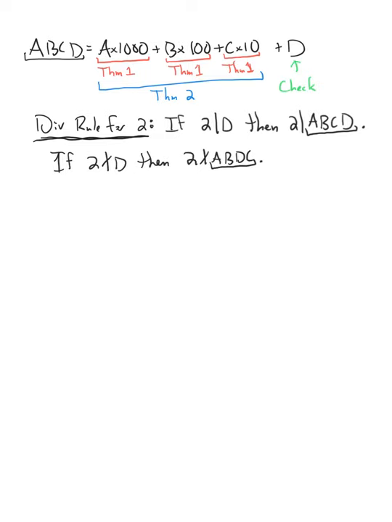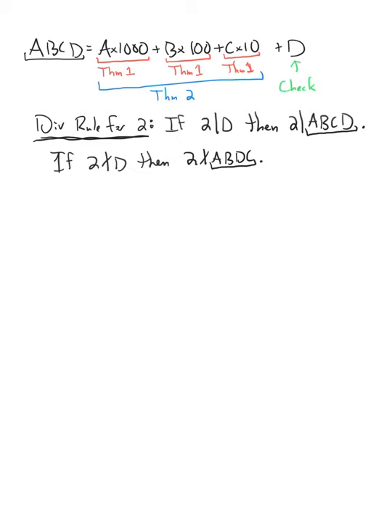And we can rewrite this if you want. This is a biconditional statement if you think about it. So it's true exactly when 2 is a factor of D and 2 is a factor of A, B, C, D. They are the same thing.